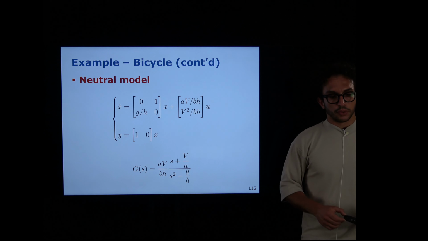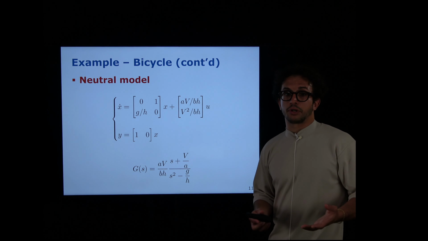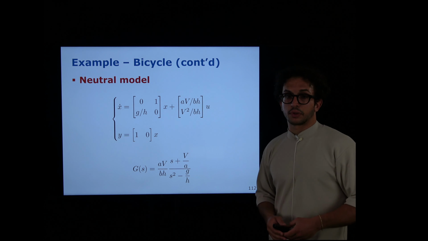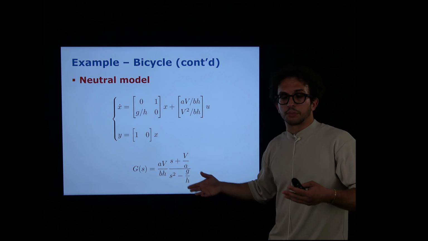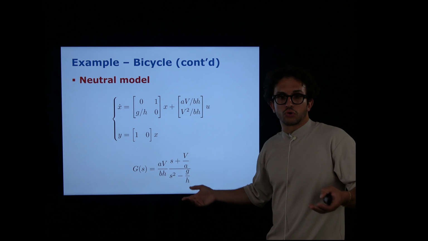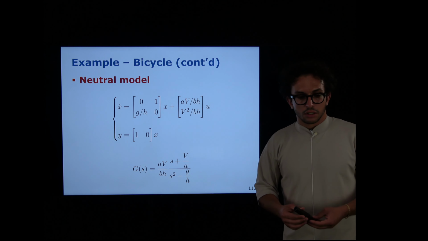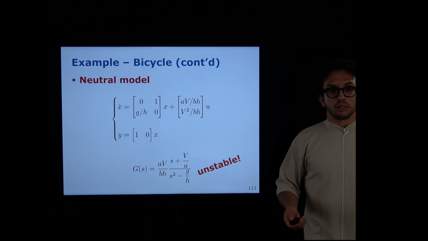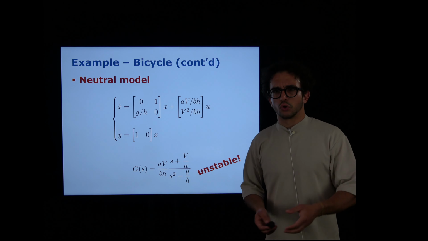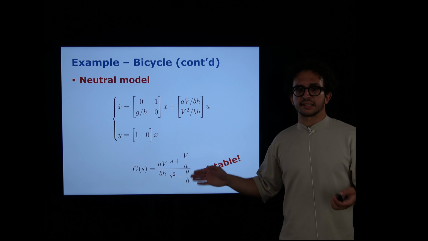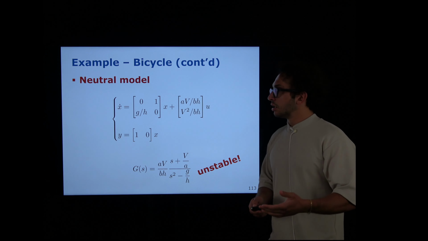And this is a big problem because the square root of g over h is a positive number. g is the gravity acceleration, h is the height of the bike, so it's something positive. The square root of something positive stays positive. And this means that this model is unstable.